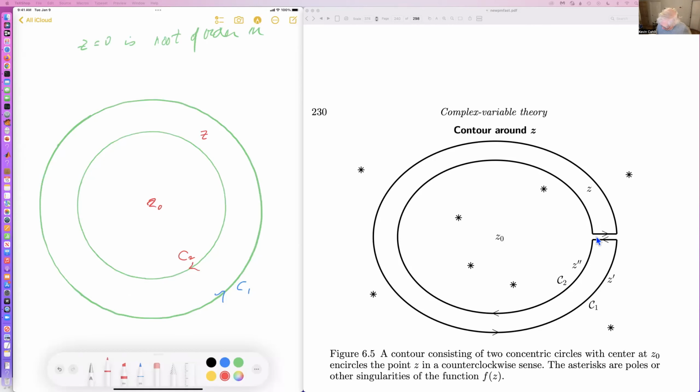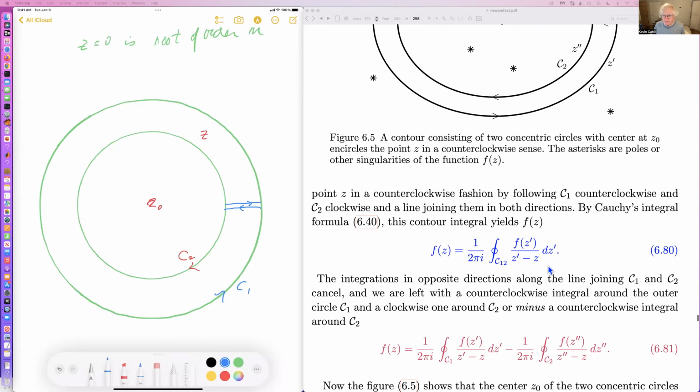Anyway, what we're going to do is join these two contours by going over here and imagining that we can go in like this and then out again like that. And we're going to let those two contours approach each other so that the integral along one cancels the integral along the other. So what can we say at this point?